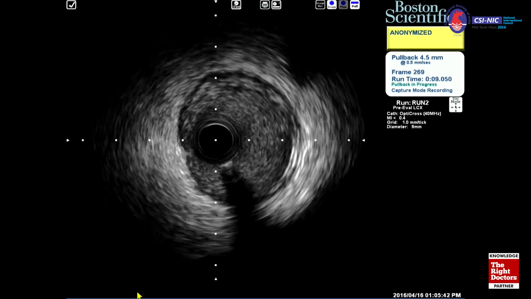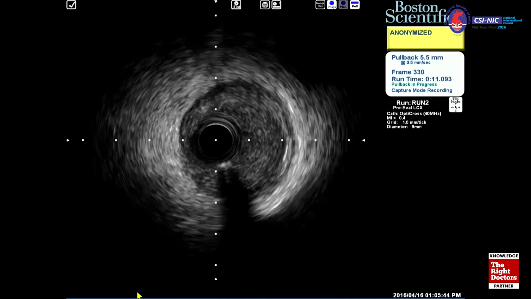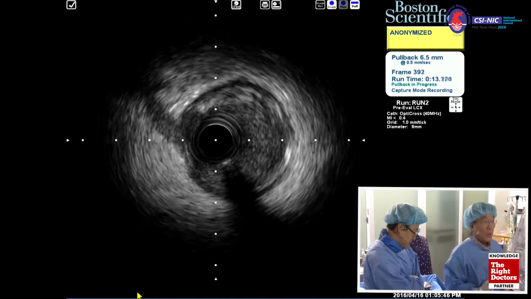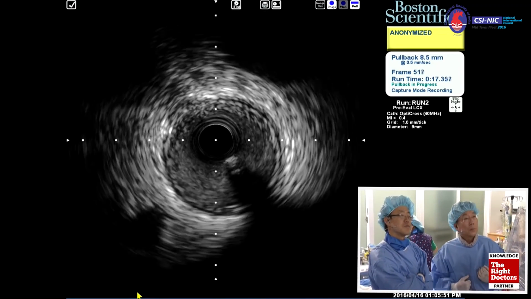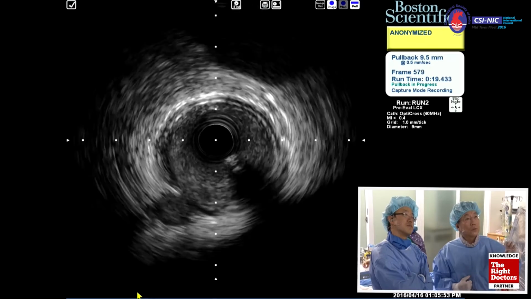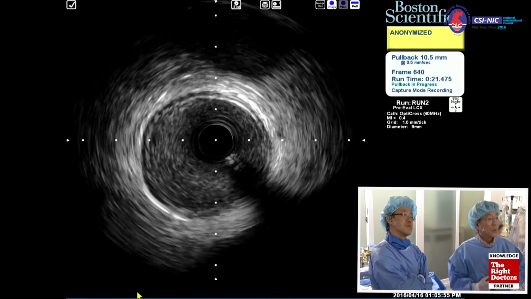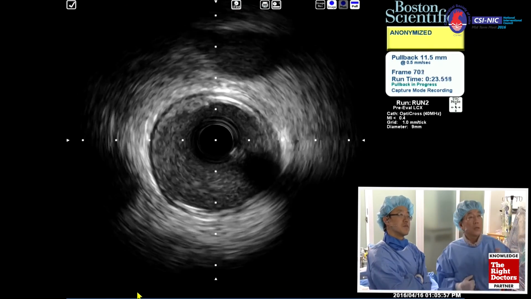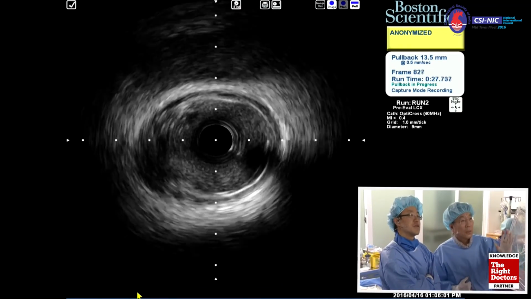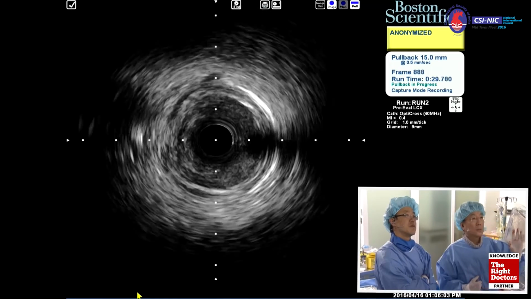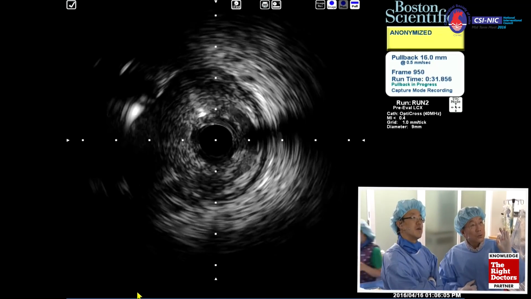I think it's quite big, yes, a big artery, right? At least more than 3.0. Then coming out at the ostial part, a small obtuse marginal branch from the 7 o'clock. It's absolutely free of disease.